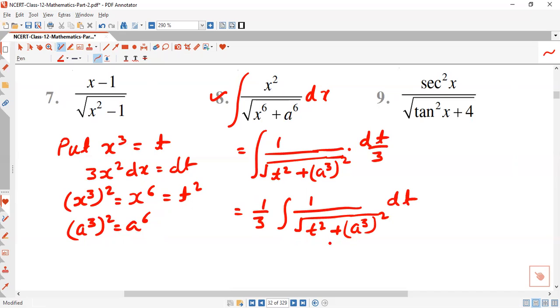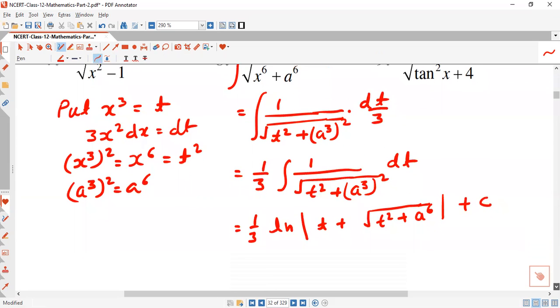Now we apply the formula. The formula is a simple formula. 1 upon 3 log mod t plus the whole same function, under root of t square plus a raised to 6, plus some constant c.